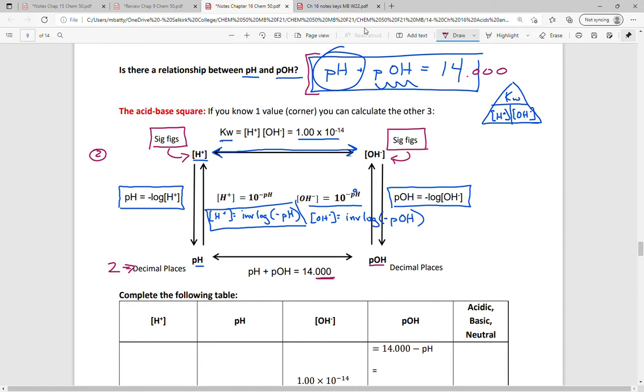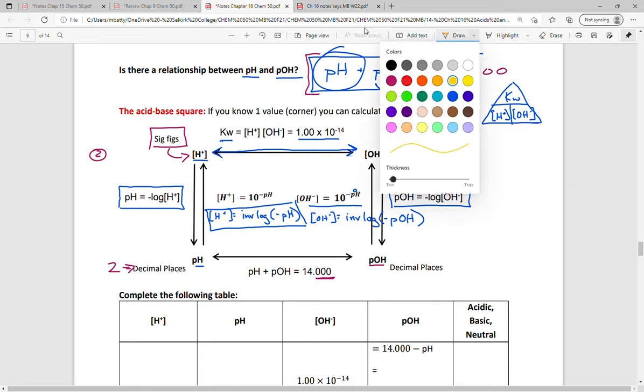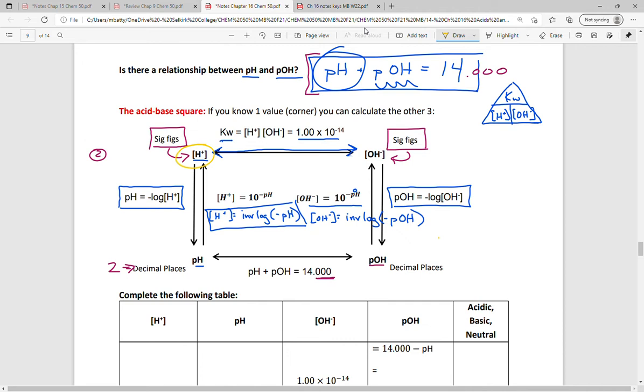So basically, it allows you to move around between these different concepts, right? So we have our concentrations and our pH and pOH, and basically you can move around the square any which way you want. You have options. So if you know the pH, you could figure out the hydrogen ion concentration, right?